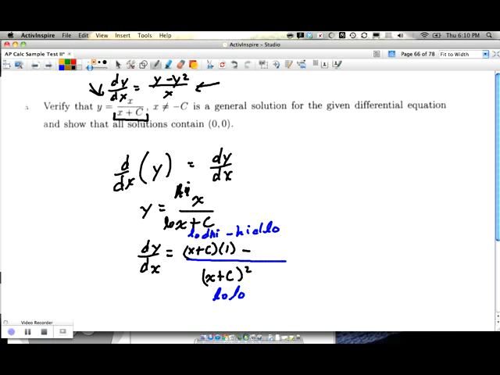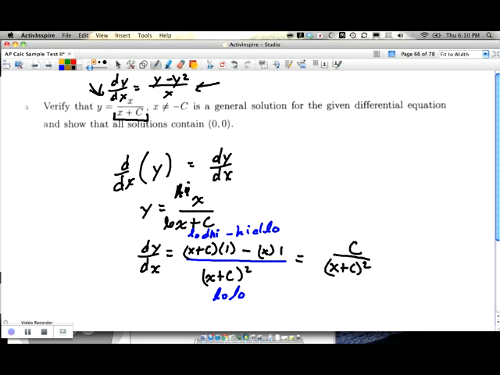Well, the high is originally x times the derivative of the bottom. Well, c is a constant, so that goes to 0. The derivative of x is just 1. So if I were to simplify it, that is x plus c minus x, so that's just going to be c over x plus c quantity squared.